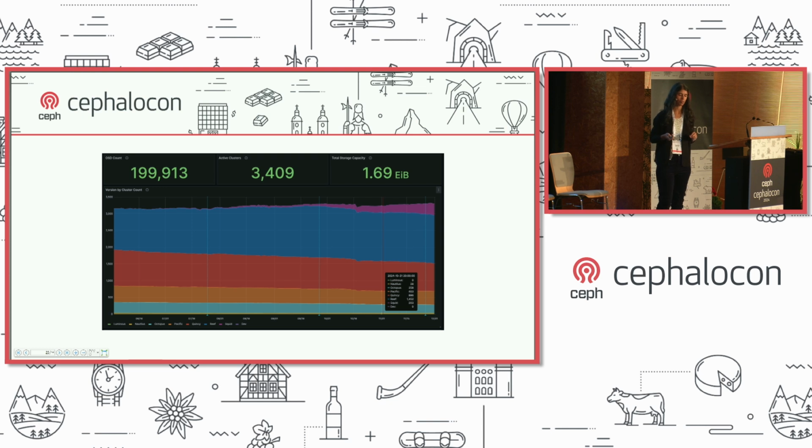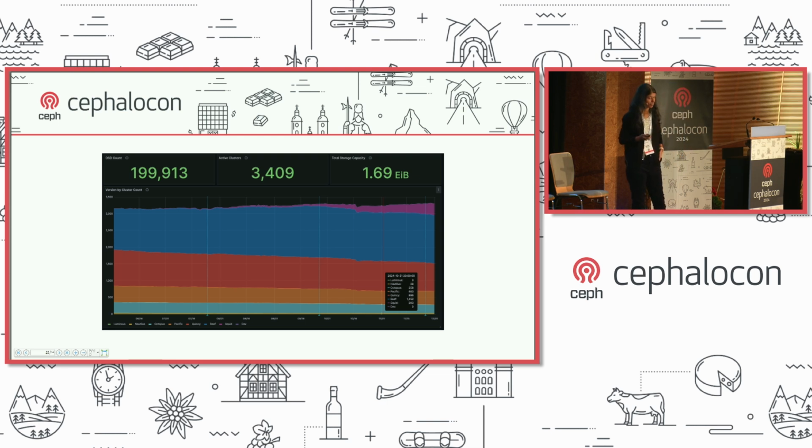So if you go to telemetry-public.ceph.com, you'll see that there are about 1.7 exabytes of total capacity of Ceph clusters that are currently reporting, coming from about 3,400 clusters and a total number of about 200,000 OSDs.